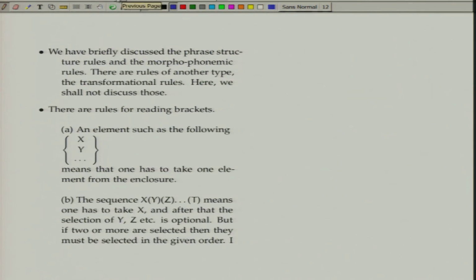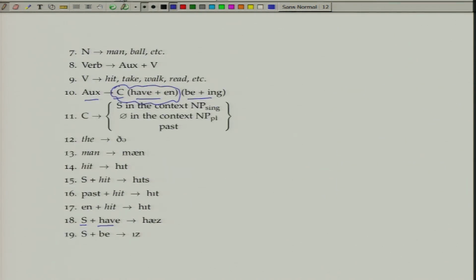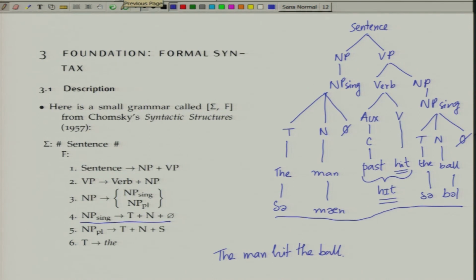In our rules, we have seen that a VP goes to verb and NP. So basically we have rules for transitive verbs that have objects. We don't have a rule for intransitive verbs like sleeps or walks, but we can have those rules. How?